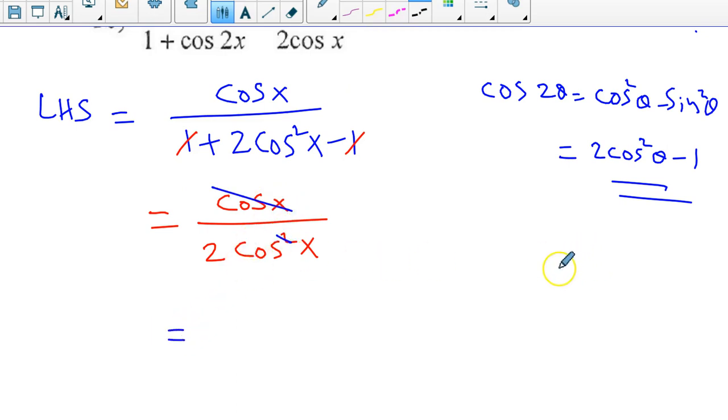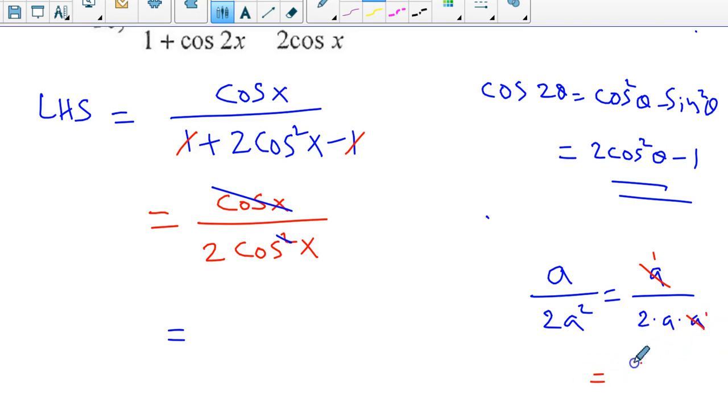It is just like, suppose if I have a over 2a square, it is nothing but a over 2 times a times a. Alright, so a cancels out one time with this a, right? So that gives you 1 over 2a.